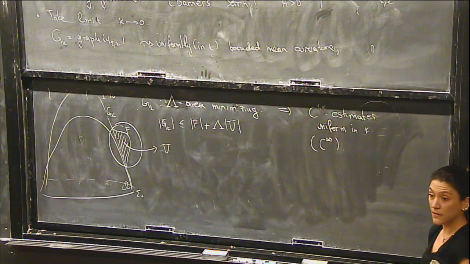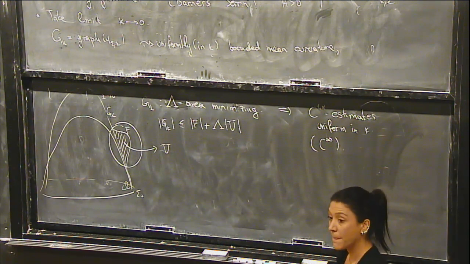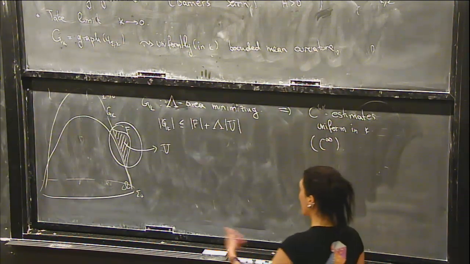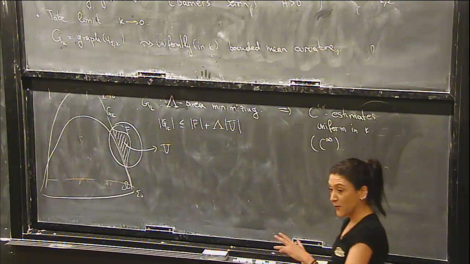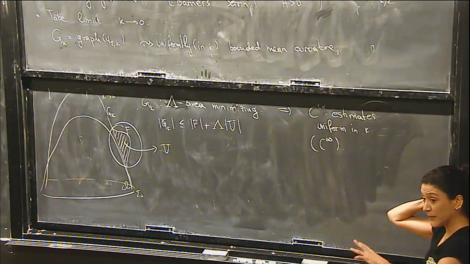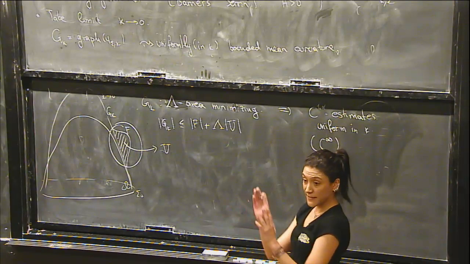When you use the compactness theorem, do you still get a graph so that you can represent using a function U? Yes. So, well, I'm skipping a bit of details, right? But if you look at the normal, you can apply a Hopf maximum principle at the normal that tells you that the limit is either a graph or vertical cylinders.